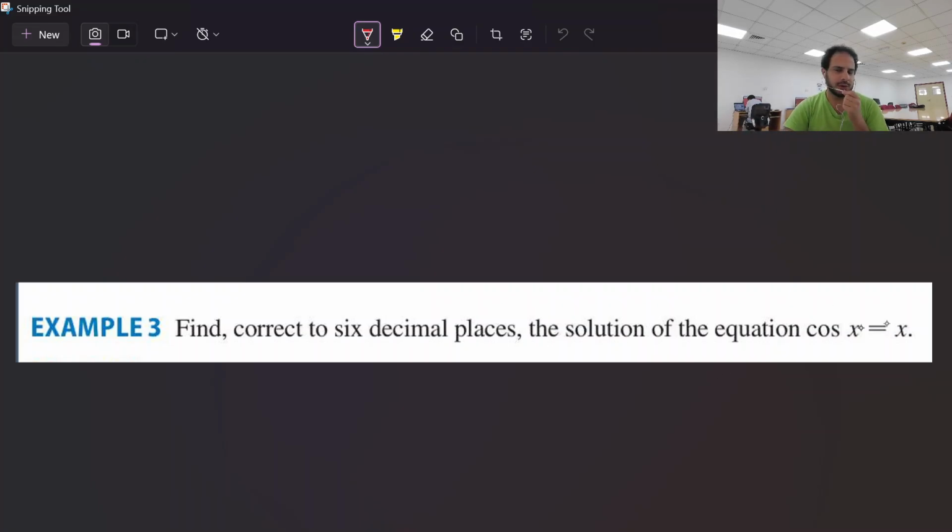We are given that cosine x equals x. Subtract cosine x from both sides, you get x minus cosine x equals 0. So call the function f(x) equals x minus cosine x. If you want, you can call it cosine x minus x, as you like. It works both ways, but I prefer to start with x.